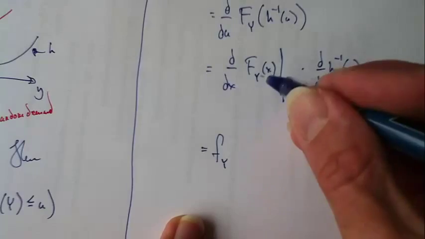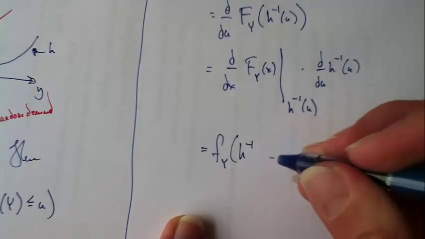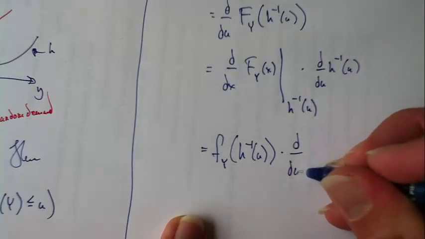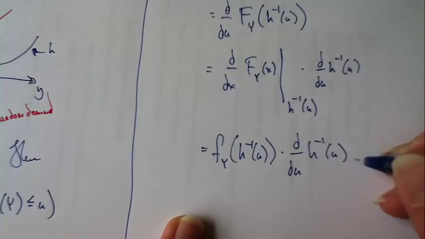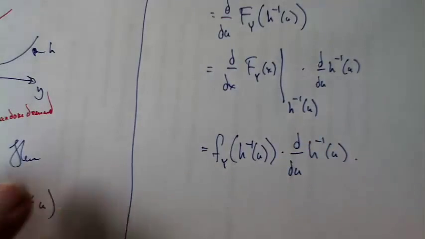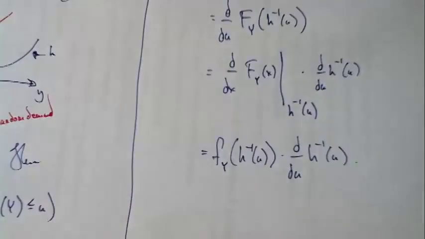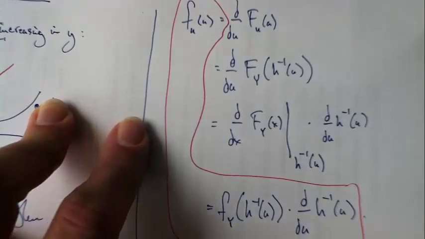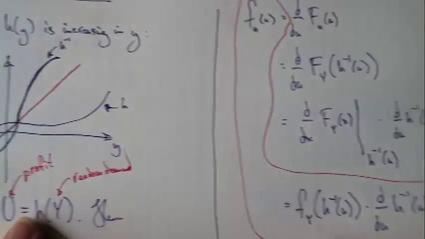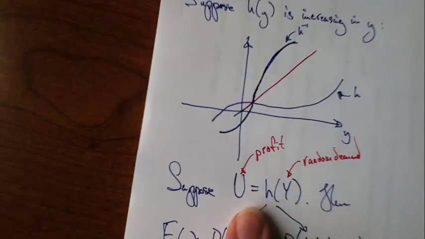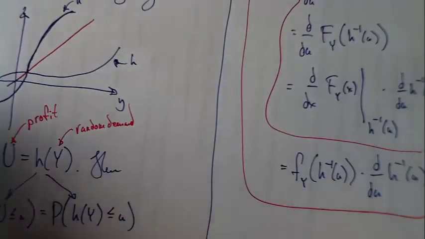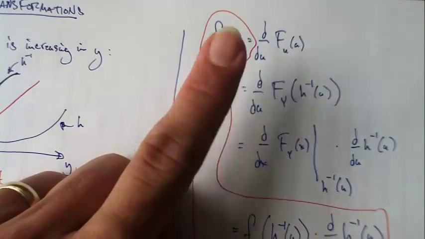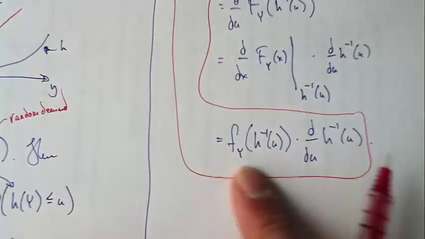So this is the PDF of y evaluated at h inverse of u, times d du of h inverse of u. Very good. So that is very useful. It allows us, if you can relate the random variables u and y via an increasing function in y, to quickly get the PDF for u by carrying this out.